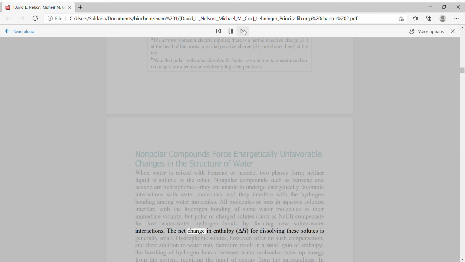The net change in enthalpy, ΔH, for dissolving these solutes is generally small. Hydrophobic solutes, however, offer no such compensation, and their addition to water may therefore result in a small gain of enthalpy. The breaking of hydrogen bonds between water molecules takes up energy from the system, requiring the input of energy from the surroundings.